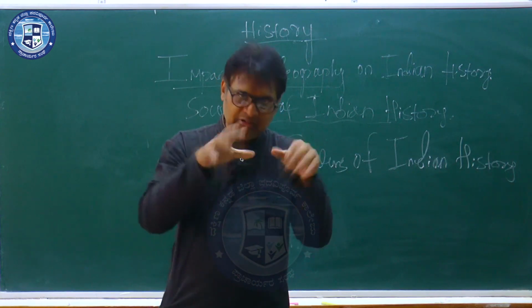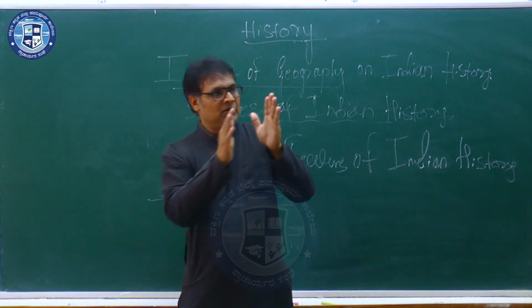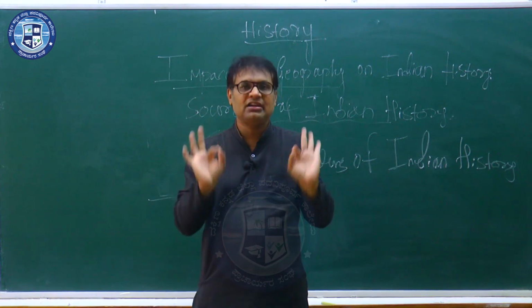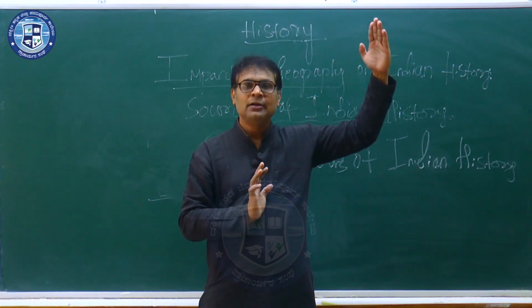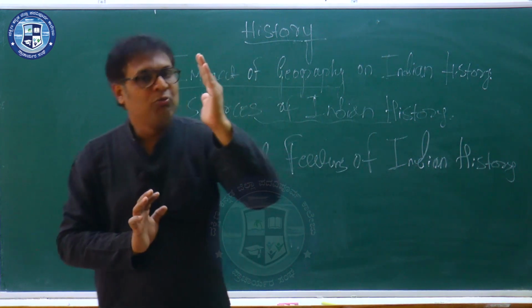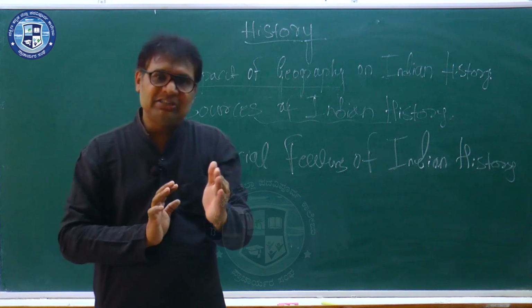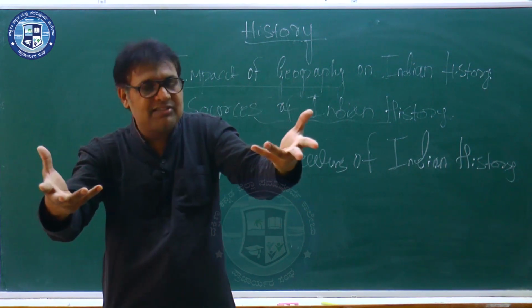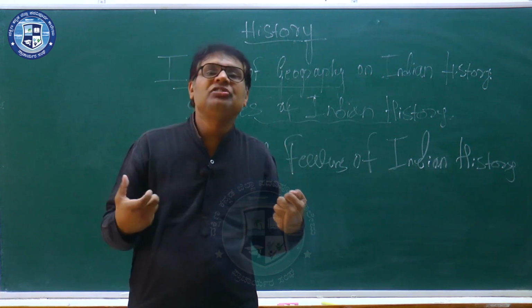I will repeat again, the different types of phases we have in our history and culture. First phase is Indus Valley civilization. Next phase is Vedic civilization. Next is dynasties. Afterward is the Islamic phase, and then the Christian phase.